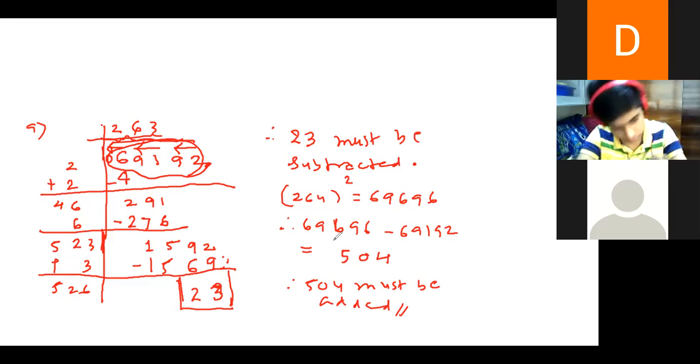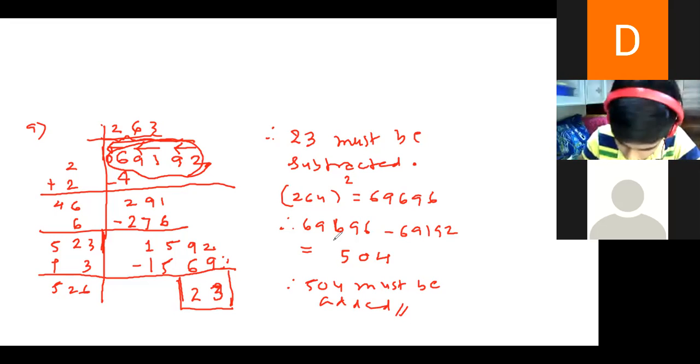So I found the number after 263. It is 264. So 69696 came by multiplying. Whatever is the balance, that much if you add to 69192, it will become a perfect square. Correct now? Yes, sir. Now wait, let everybody complete this. See, first time take time, then next time when you are doing individually, you can rush.